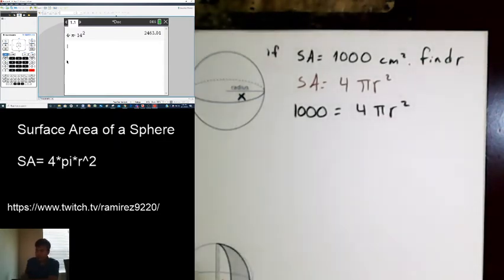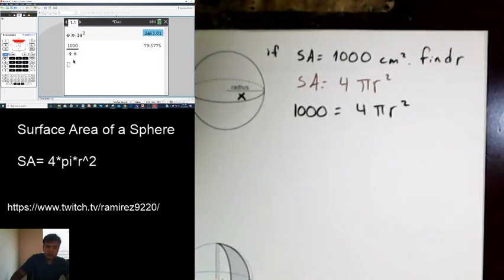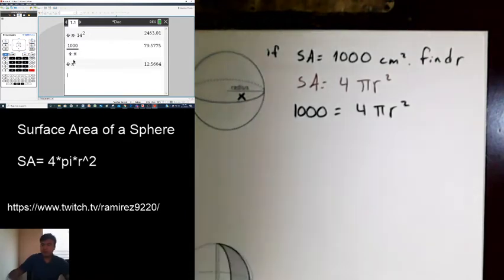Again, on my calculator, it's just a matter of me saying that it is 1,000 divided by this 4 pi. Notice how I'm using parentheses to indicate this. I could have also written it down in my calculator like this. And so I find out that r squared is 79.5. Now, if you didn't have the ability to do that, I've told you guys that you could just find out what 4 pi is.